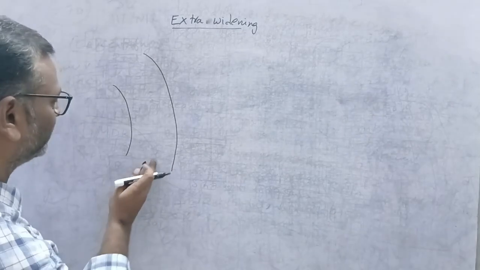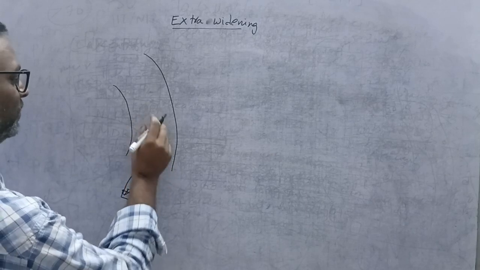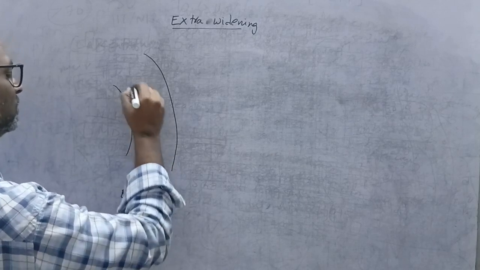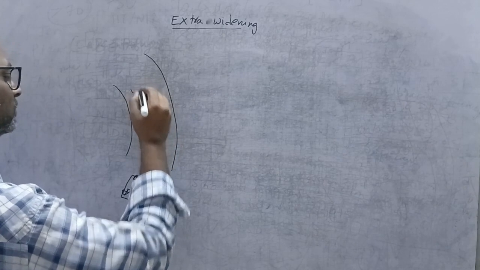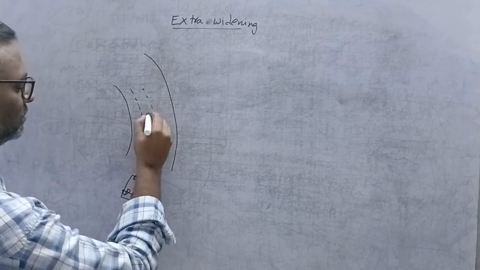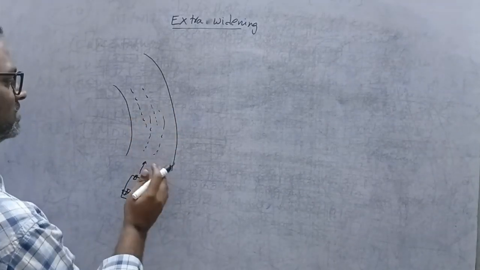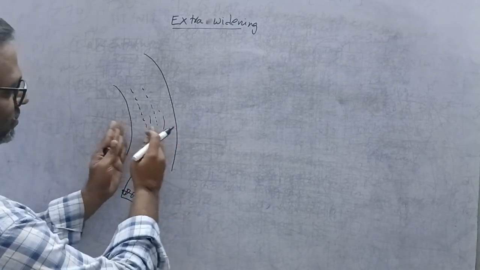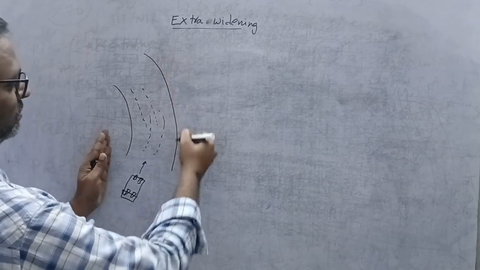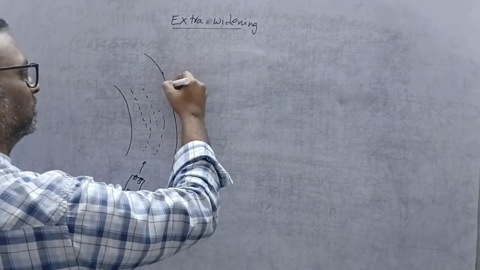As the maneuvering takes place at the curve, the front wheels will travel like this and the back wheel will travel in this path. This means we need extra width at the curves for the passage of this vehicle.